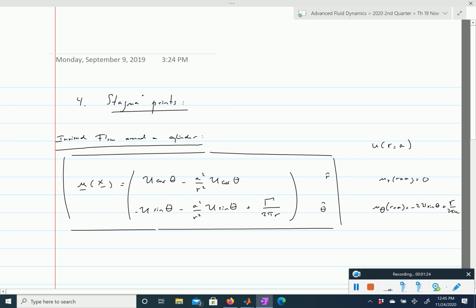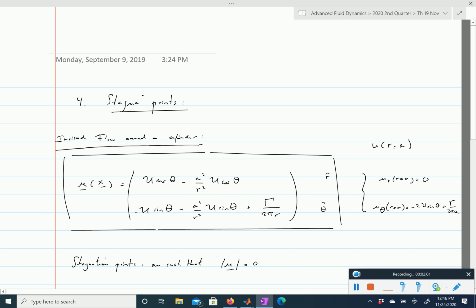So this is our velocity at the surface of the cylinder. Now, looking for the stagnation point, we are looking for points such that the norm of the velocity is equal to 0. So stagnation points at the surface of the cylinder will be points for which not only the normal component, but also the circumferential or tangential component of the velocity is equal to 0.